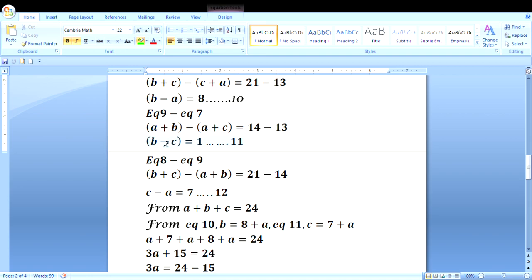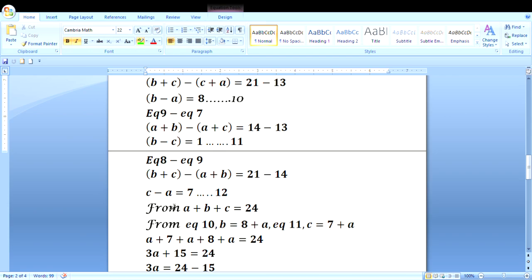Since we know that b is 8 plus a, substituting it here gives us c equals 7 plus a.